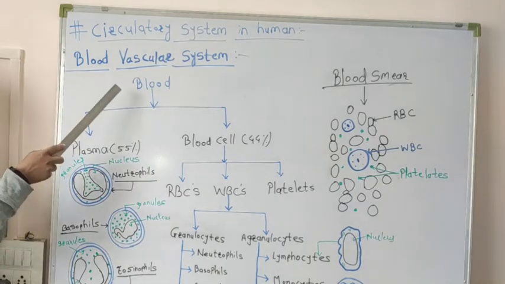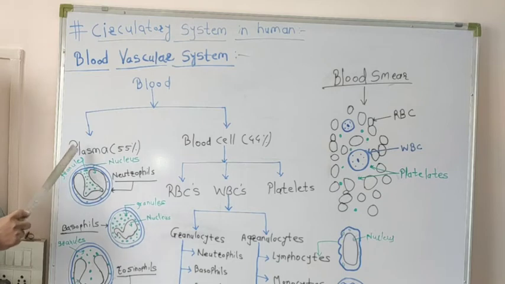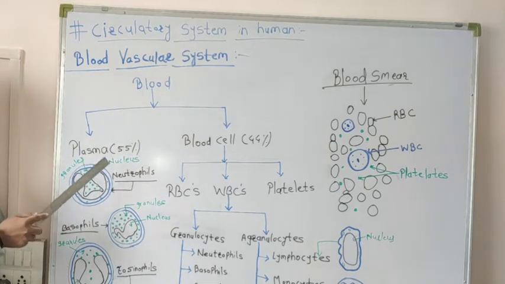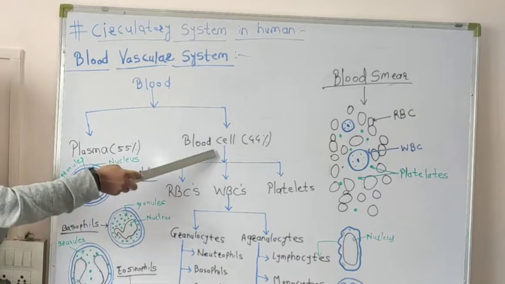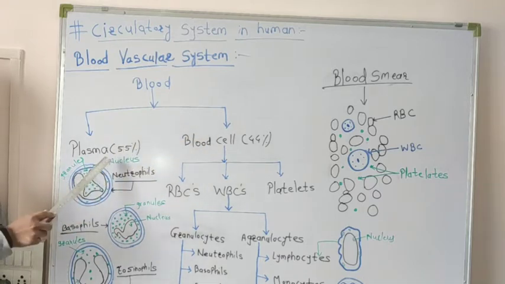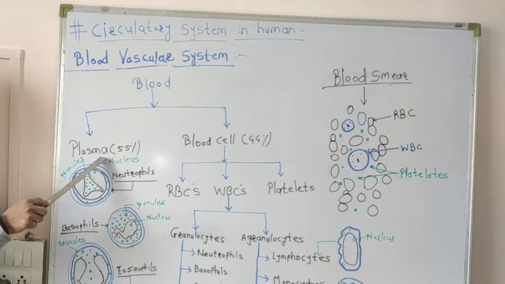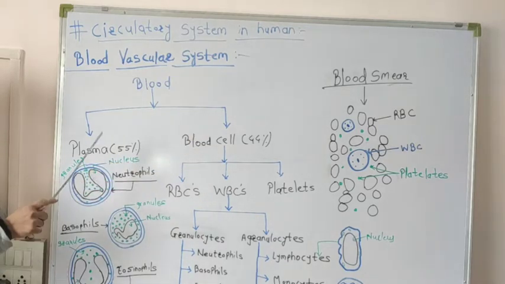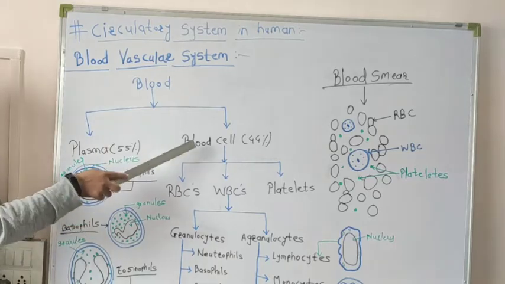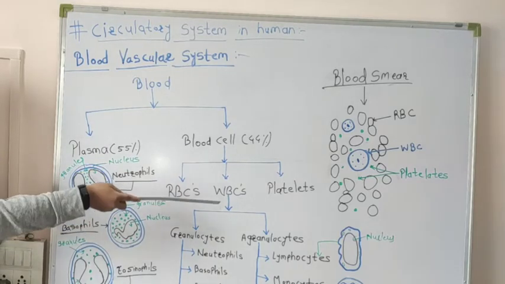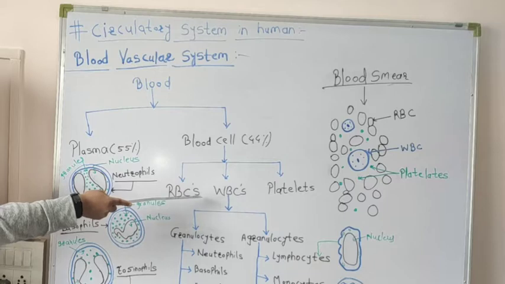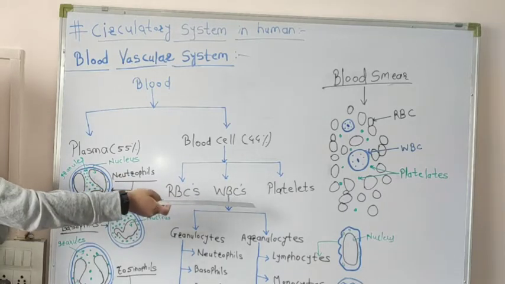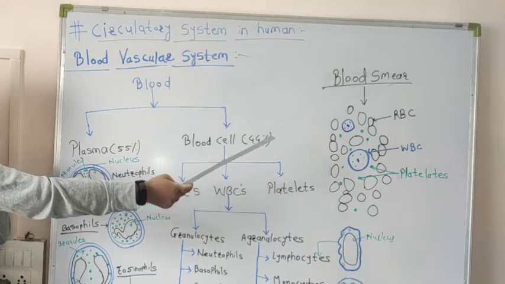Now see the board. This blood is divided into two components. I have already told you the first is plasma and the second is blood cells. Plasma is about 55% and blood cells about 44%. Here you can see these blood cells again divided into cells. First is RBC, second is WBC and third is platelets.